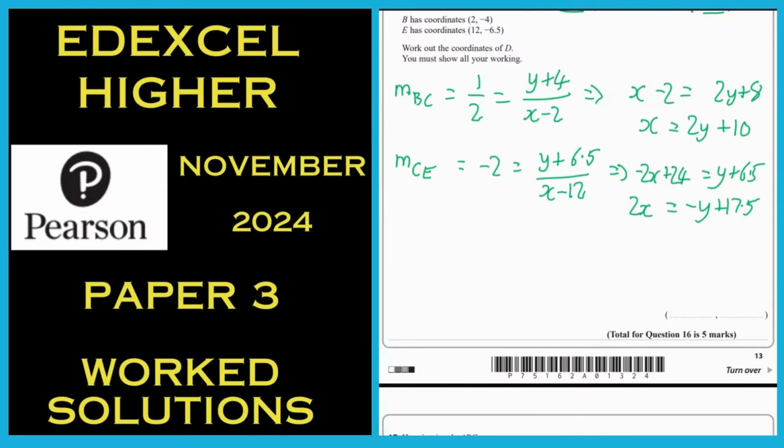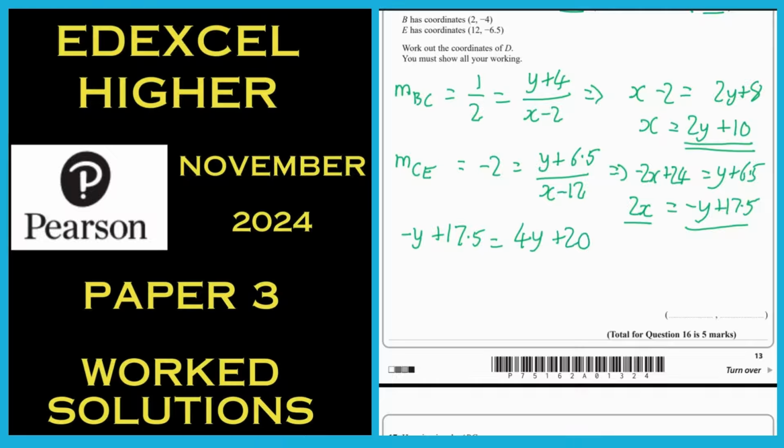I can double both of these. If I make that 2x, that will be 4y plus 20. Let's equate, double that, and put it equal to that. Minus y plus 17.5 is equal to double whatever x is, 4y plus 20.